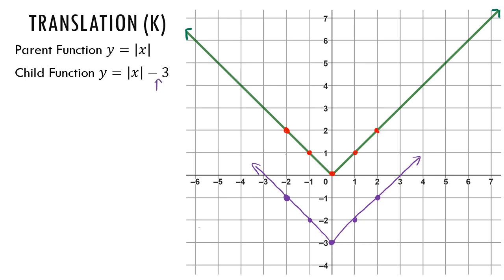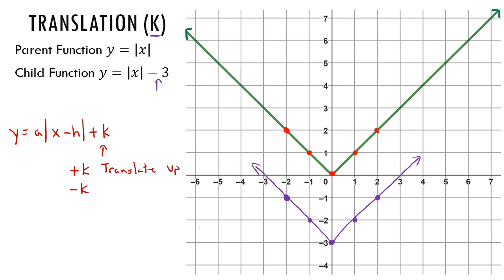So this back value, known as k, does 2 things for us. It translates the graph up and down. So where we had y equals a absolute value of x minus h plus k, the k, if positive, will translate up.